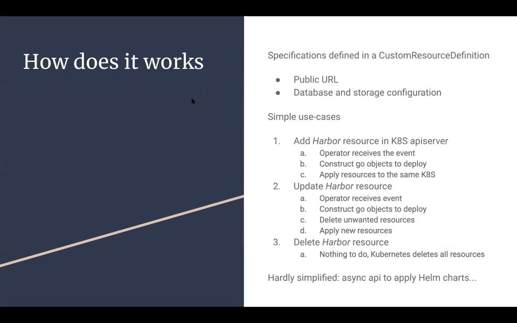The last case is to delete a Harbor resource. In that case, the operator simply does nothing because everything is done by the Kubernetes garbage collection system, and all resources are owned by the Harbor resource.